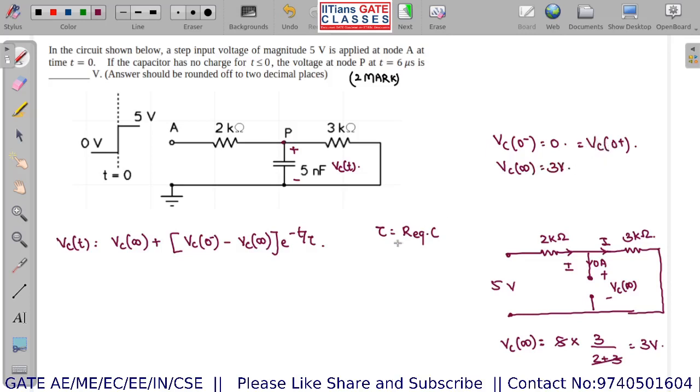Now we need to calculate R equivalent. Calculation of R equivalent is very simple. You just calculate the Thevenin resistance in place of this capacitor, by making the independent sources 0. So if I make the independent sources 0, here is the source connected, so this will be 0, and here is your 2 kilo ohm, and from this point we are going to calculate the R equivalent, and this is your 3 kilo ohm.